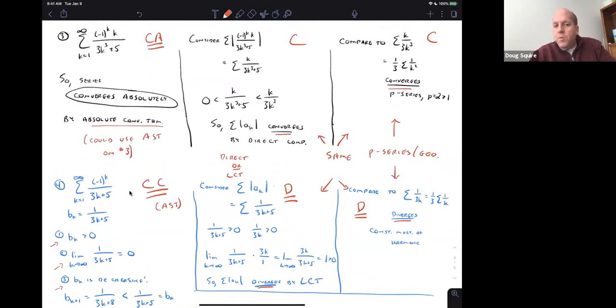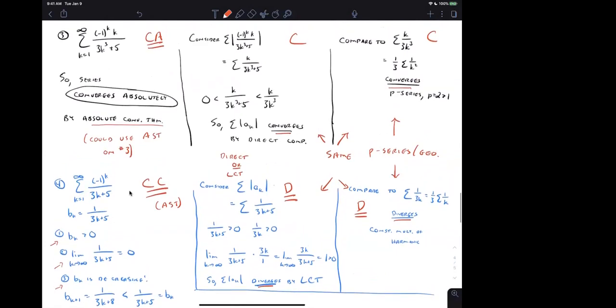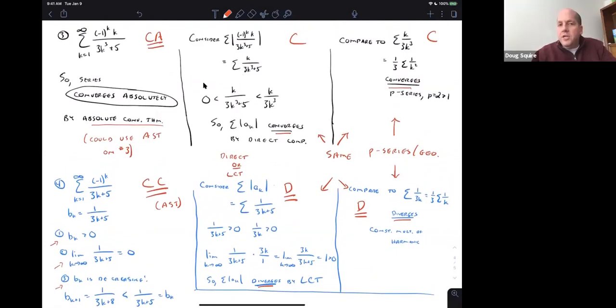Because the other two converge. Perfect. So because this converged, we know automatically that this converges. So there's no need to go through the alternating series test. If you do, you're going to get that it converges again, but we already knew that because this converged. Down here, you have to use it because when the absolute value diverges, that does not tell you what the original series does. Does that make sense?